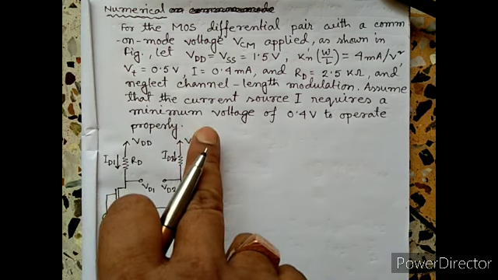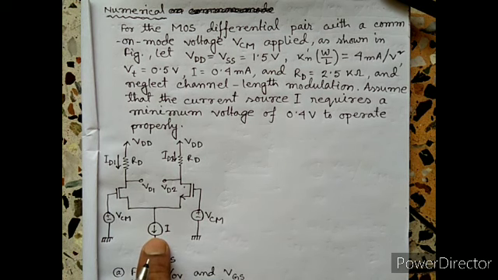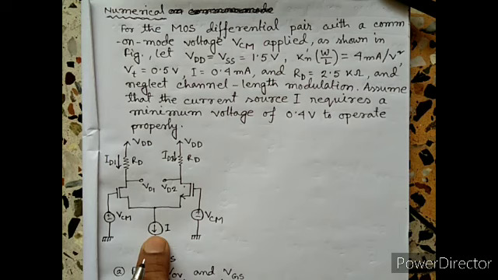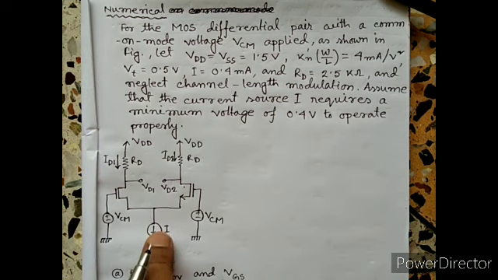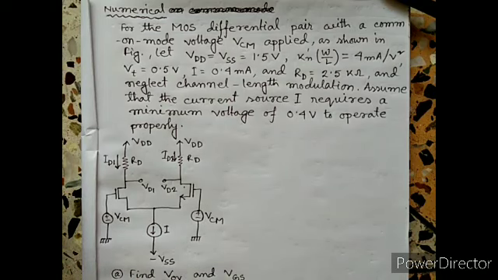So this current source is providing I current. The value of I equals 0.4 milliampere, and it is assumed that a minimum of 0.4 volt is required to operate this ideal current source properly.